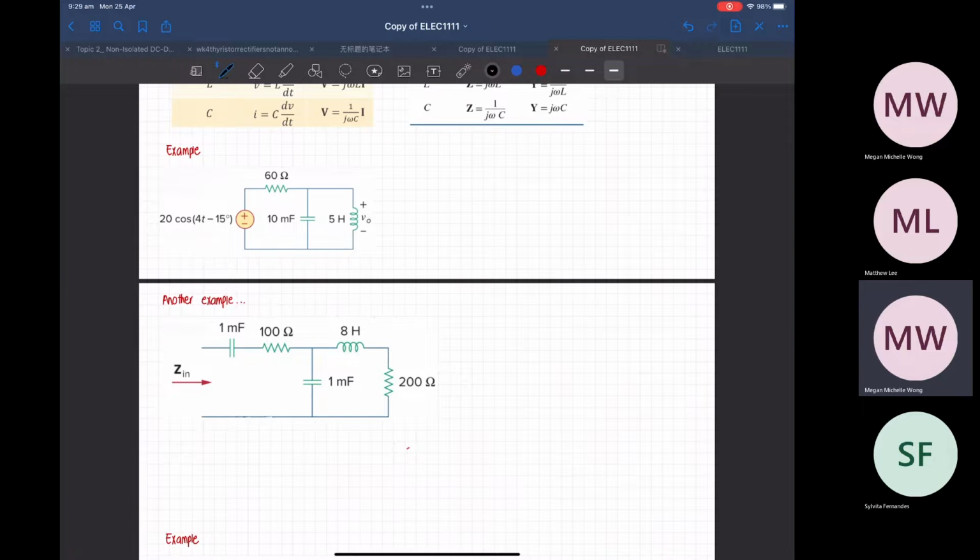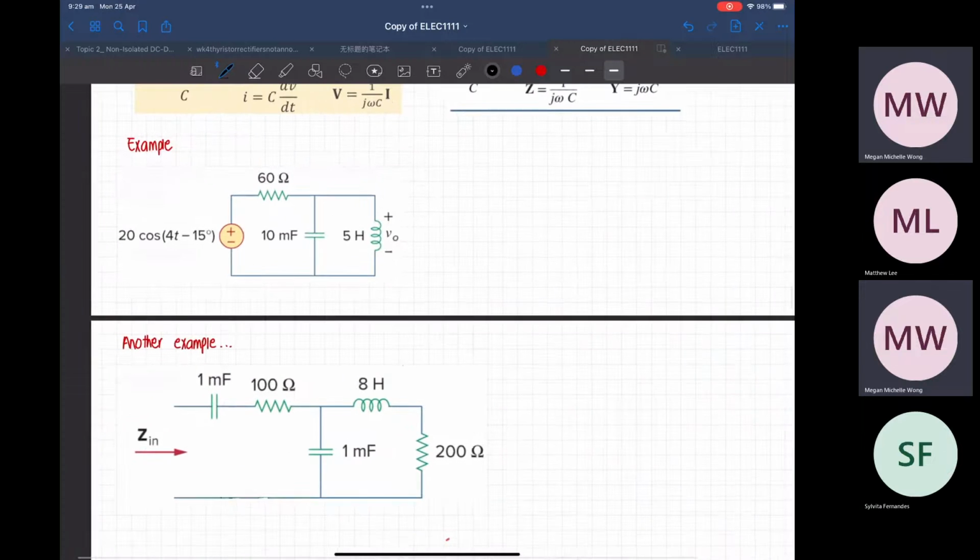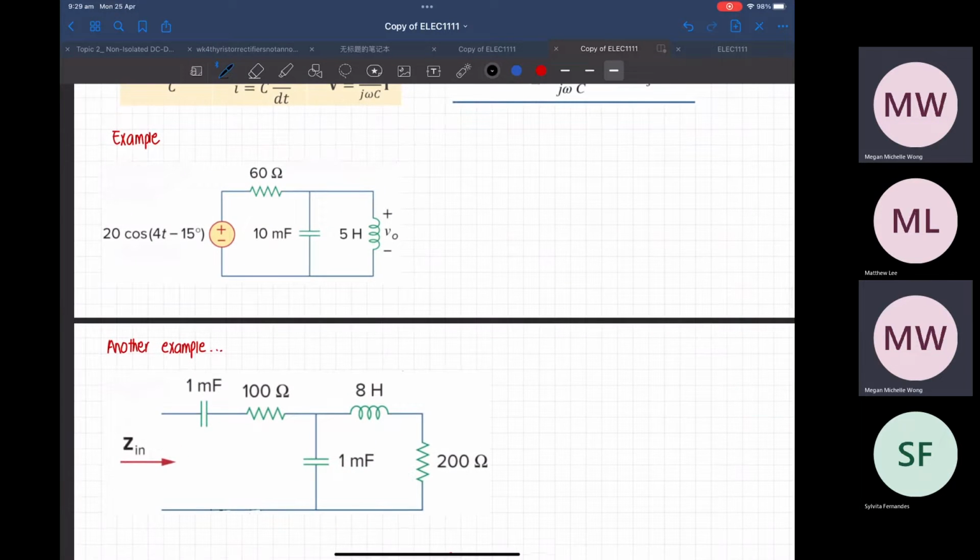Let's see. So what is it asking me? Like, I don't have the question, but it's asking me to solve for V out. So for these, I have my omega equals 4, which is this number.